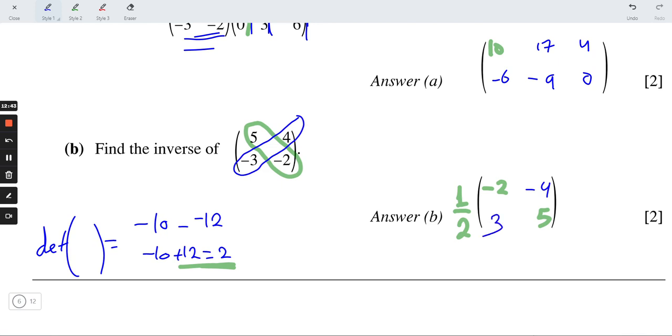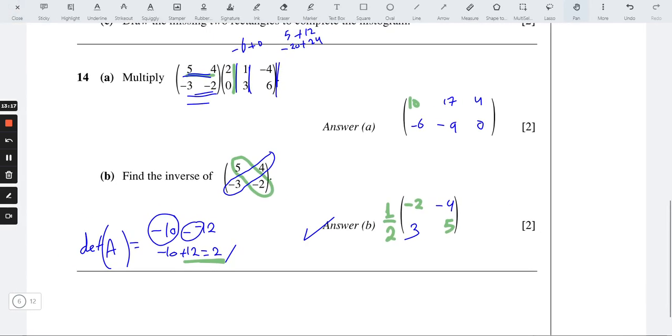So now here we have the inverse of this matrix, and this is just usable once you are working with a 2 by 2 matrix. So first of all, you have to find the determinant of this matrix. Let's say this is matrix A. The determinant is 5 times minus 2, multiply the diagonals, which is minus 10, minus 4 times minus 3, which is minus 12. This will be plus, your answer will be 2. So this is the way you can find the inverse of any 2 times 2 matrix.